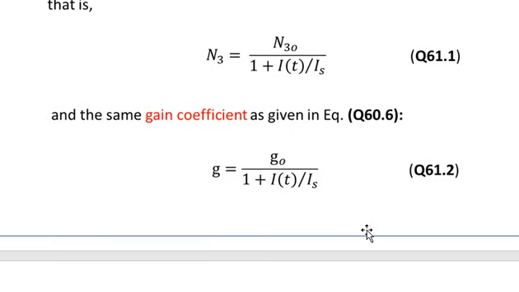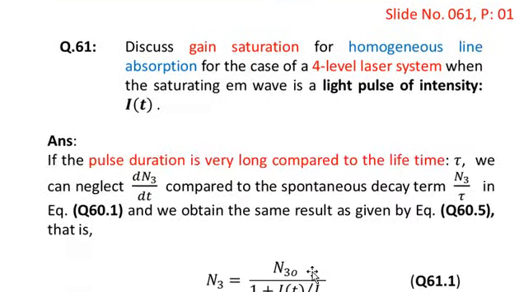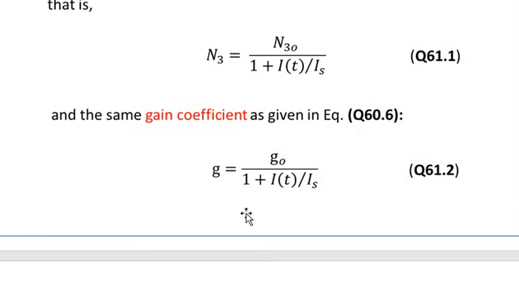So having explained these terms, for the saturating beam as a pulse having a pulse duration much longer as compared with the lifetime of level number 3, we have obtained the gain coefficient as given in equation number 2, that is G is equal to G naught over 1 plus I of t divided by Is. So I of t is again the intensity of the saturating beam as a function of time, and Is is the saturation intensity.